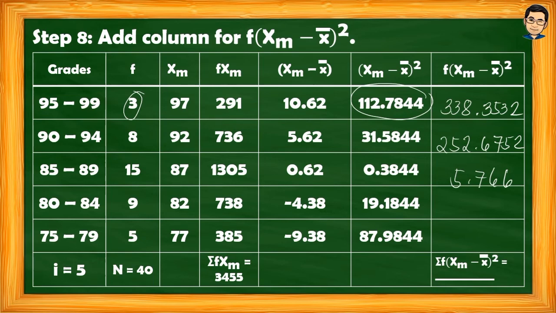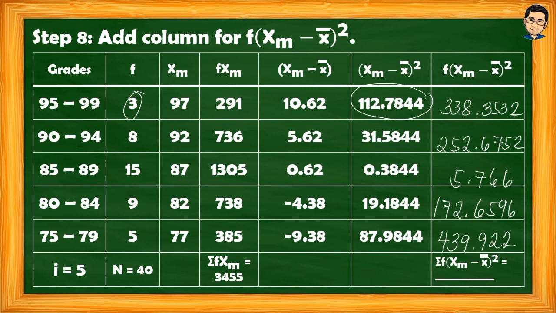Next, 9 times 19.1844 will have 172.6596. Next, 5 times 87.9844 will have 439.922. So, ayan. Nakuha na natin yung product ng frequency tsaka yung square deviations.